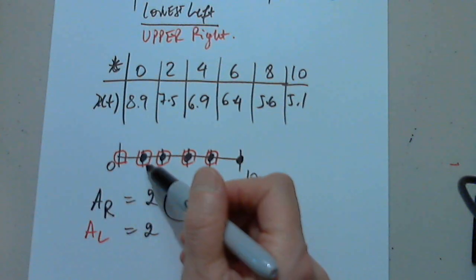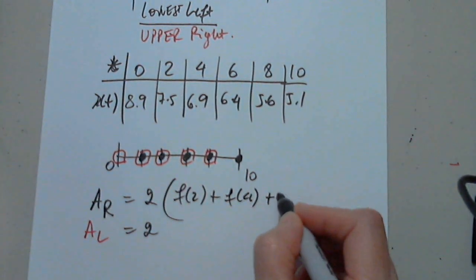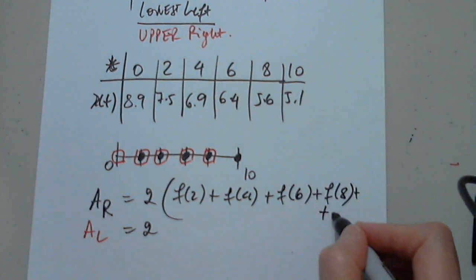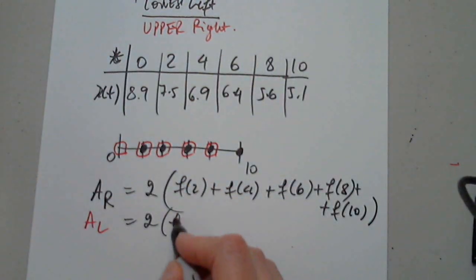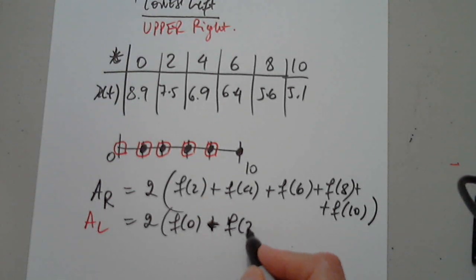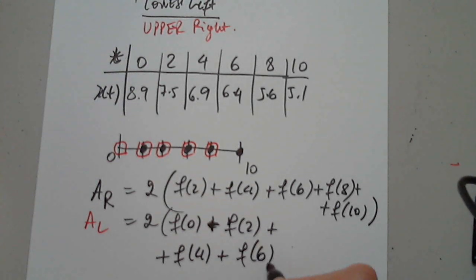This one with the right will be f of 2 plus f of 4 plus f of 6 plus f of 8 plus f of 10. But the other one will be f of 0 plus f of 2 plus f of 4 plus f of 6 plus f of 8.